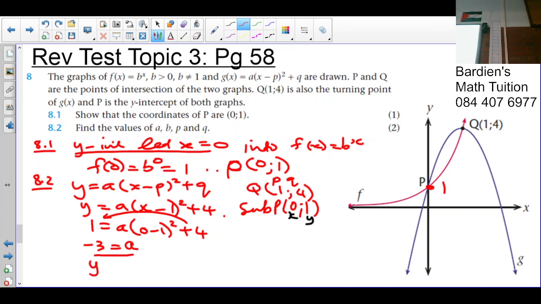So what's my equation now? y is equal to negative 3 into x minus 1 squared plus 4, and this is the equation of g of x. I'm going to write it here because I'm going to clear the board now.